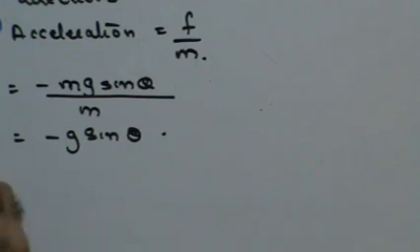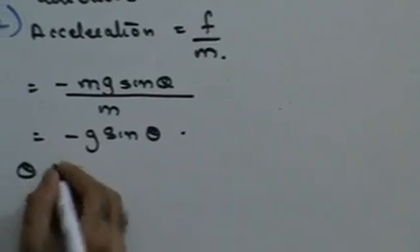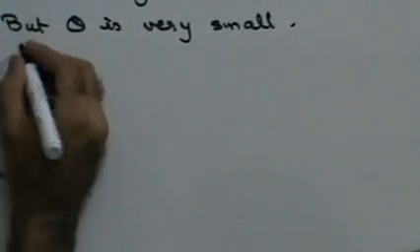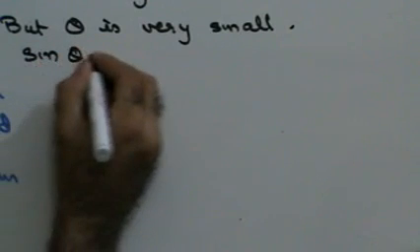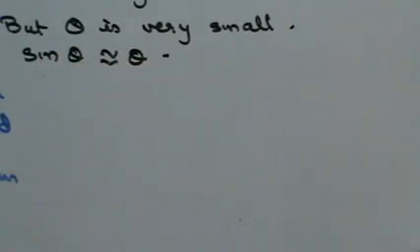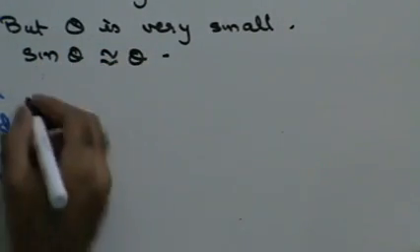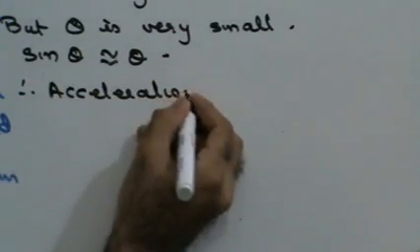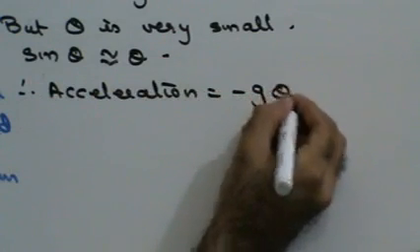But theta is very small. Since theta is very small, for very small angles, sin theta is approximately equal to theta, right? Therefore, I will get acceleration is minus g theta. Instead of sin theta, I am writing theta.